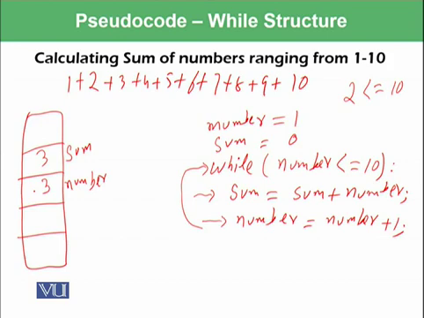So in all of the iterations, as long as number is less than or equal to 10, it keeps adding the numbers into sum, and at the end when this loop terminates, this while structure will have calculated the sum of all of the numbers between 1 and 10.